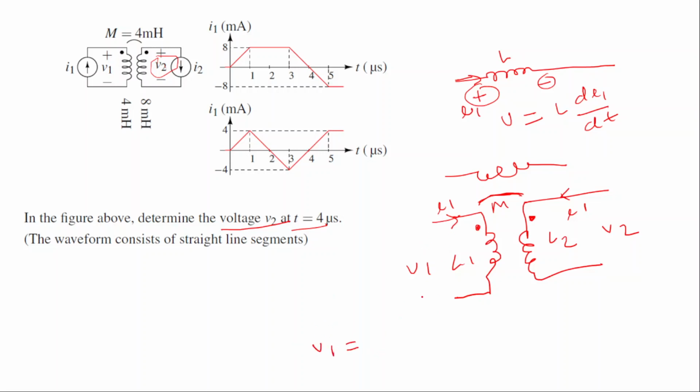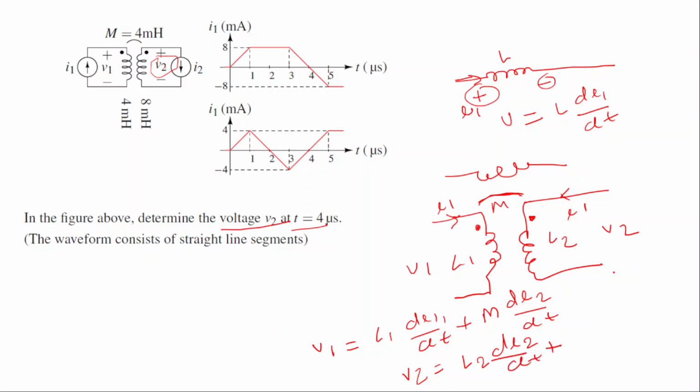V1 will have the voltage induced due to self inductance, L1 di1 by dt. Since the current is entering at the dotted terminal of the other coil as well, the mutual term is also positive, so we add M times di2 by dt. Similarly, V2 equals L2 di2 by dt plus M times di1 by dt, due to the mutual inductance between the two coils. Is that clear?